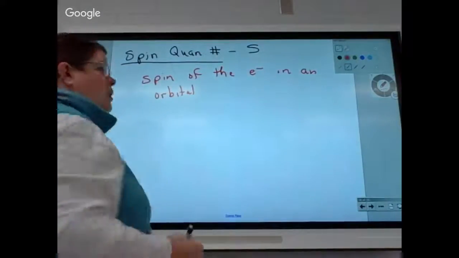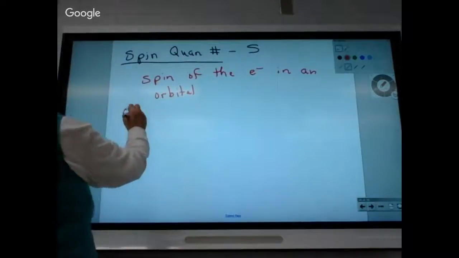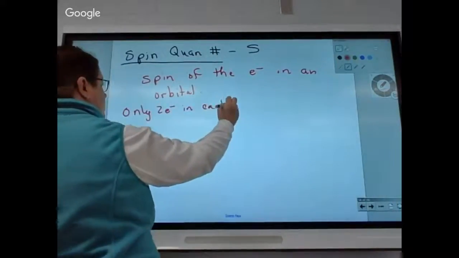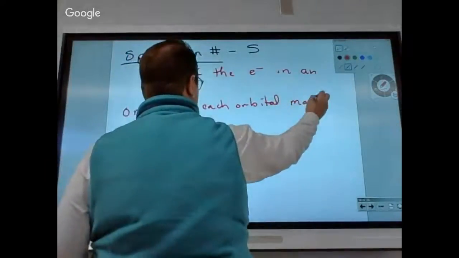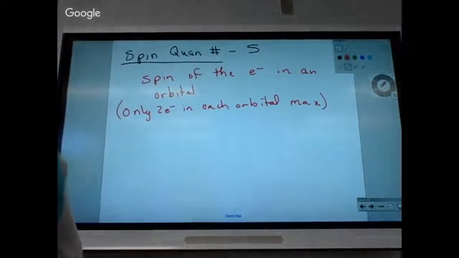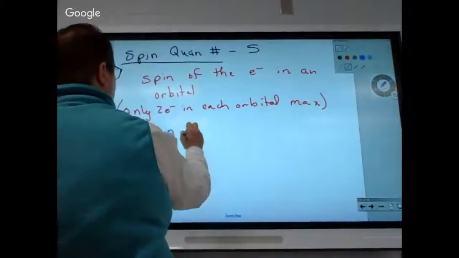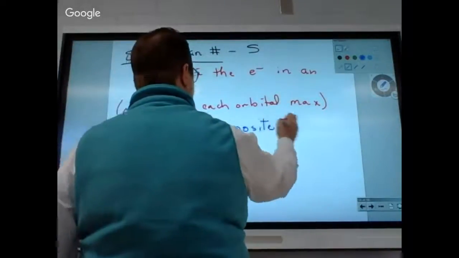Now, there's only 2 electrons in each orbital max. So, if there's only 2 electrons at each orbital maximum, do you think they spin the same direction? No, they don't. They spin in opposite directions.